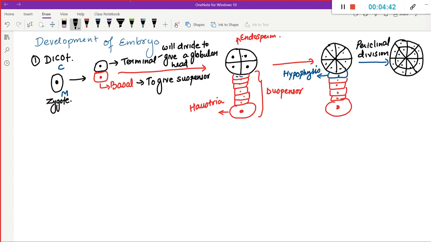Okay, now what we have said, that the hypophysis cell will also divide, and it will divide to give us a 8 cell stage. So this is our 8 cell hypophysis stage, below which we will have those other normal cells which we had before also. So these are the other normal cells of the suspensor.